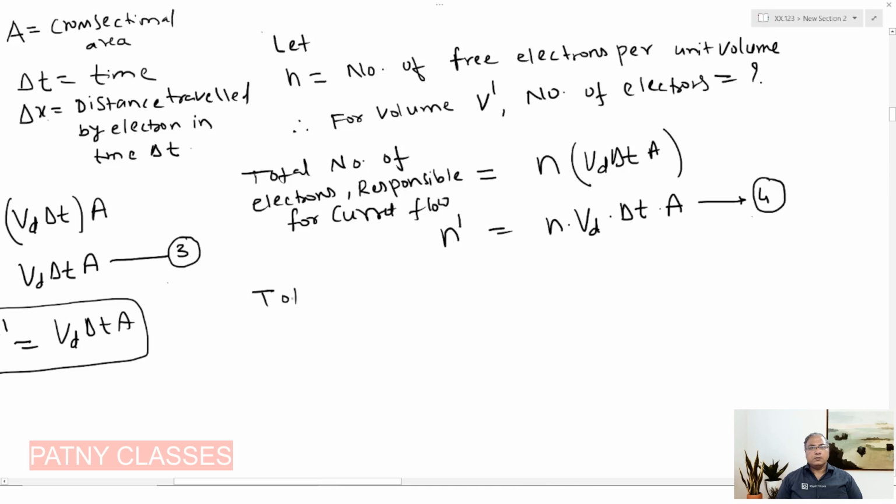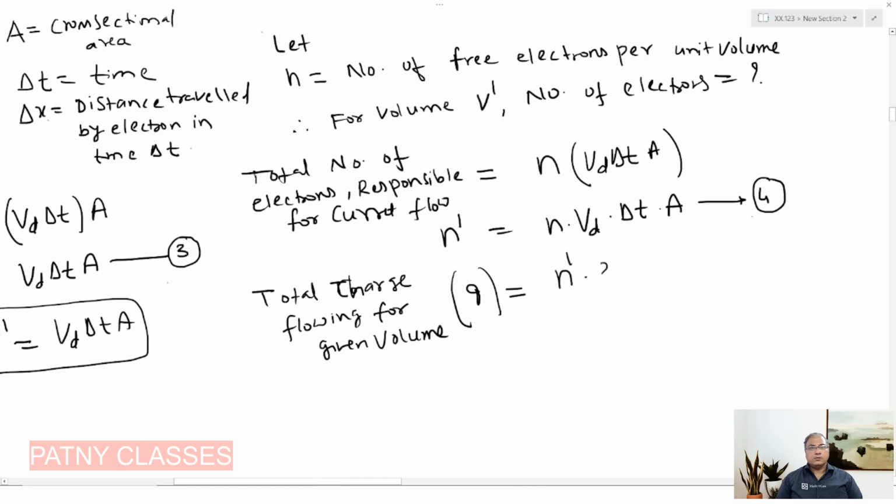Now, the total charge flowing for the given volume. Total charge flowing Q equals N dash into E. Why N dash into E?